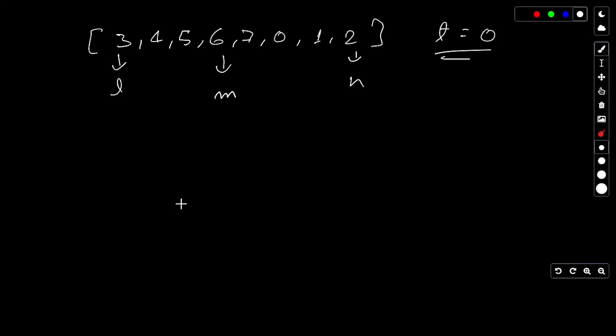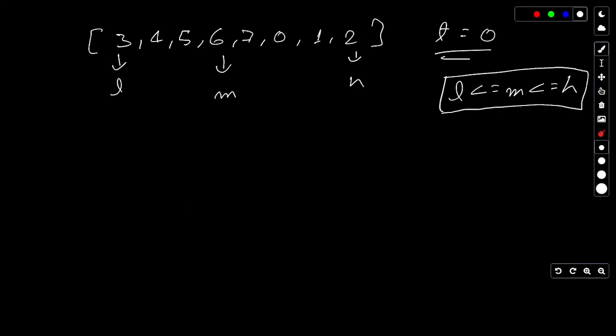In a very normal binary search problem, our low is always smaller than or equal to mid, and mid is always smaller than or equal to high. So this is the very basic relation between these three pointers. If we can somehow use this logic in this problem, then we will be able to solve it as well.